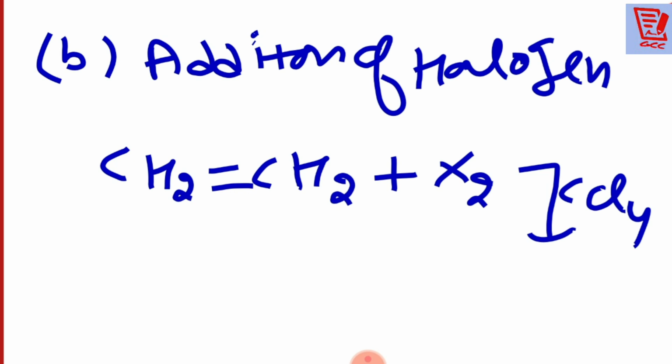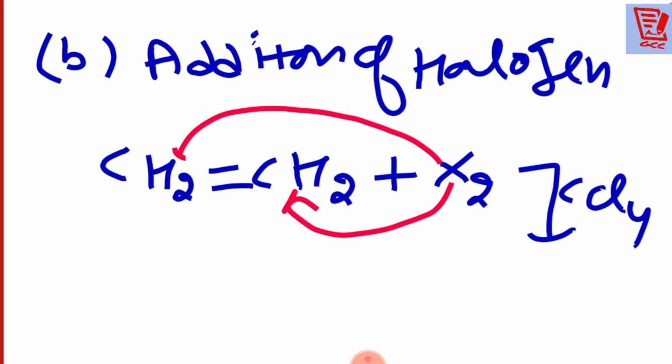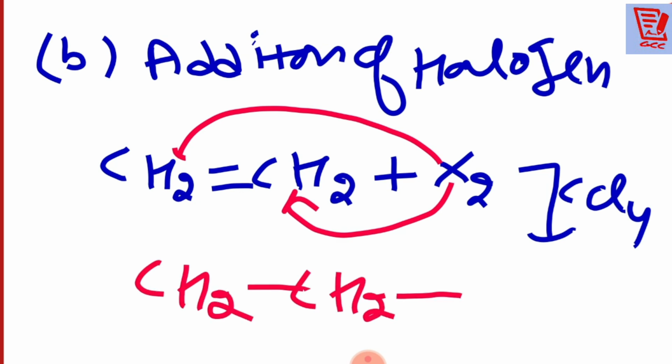So what is going to happen in this case? One X will come here and another X will be there: CH2 single bond CH2 with an X on each carbon. Is that clear to all of you?